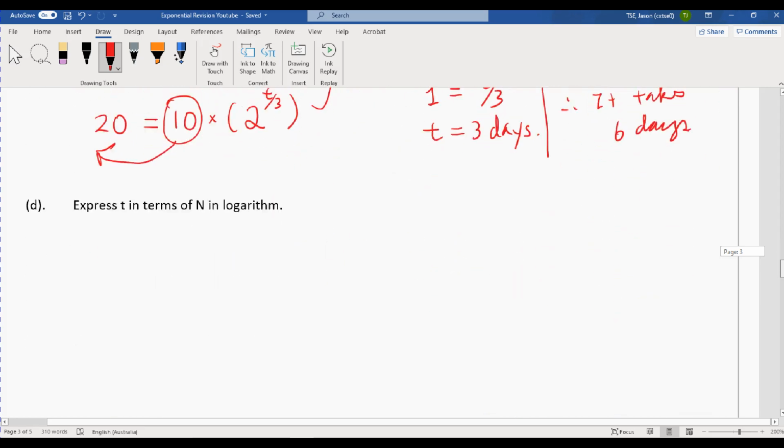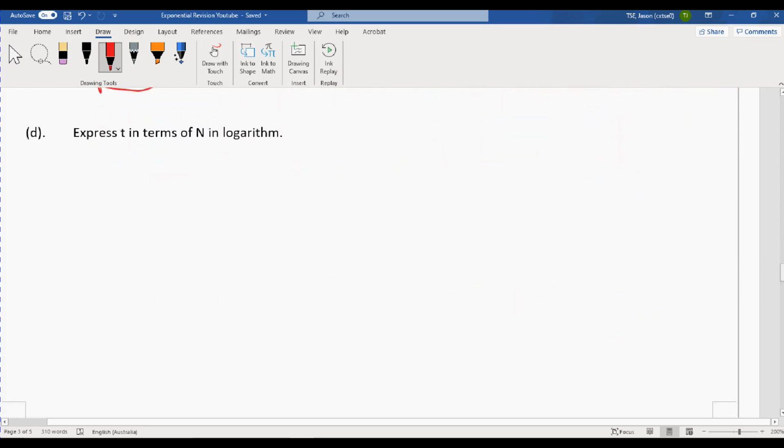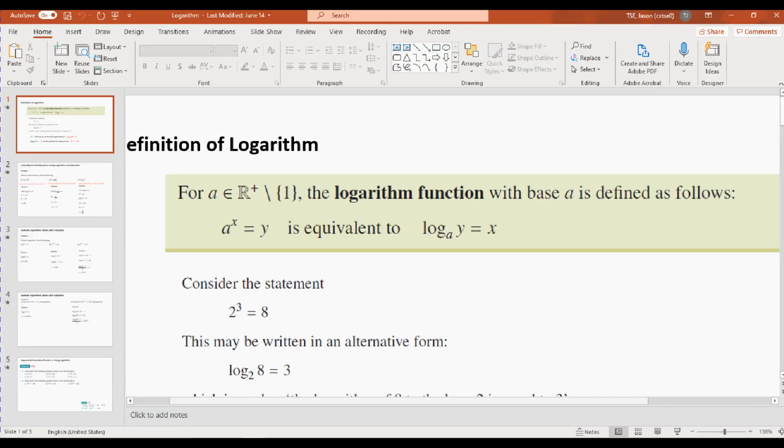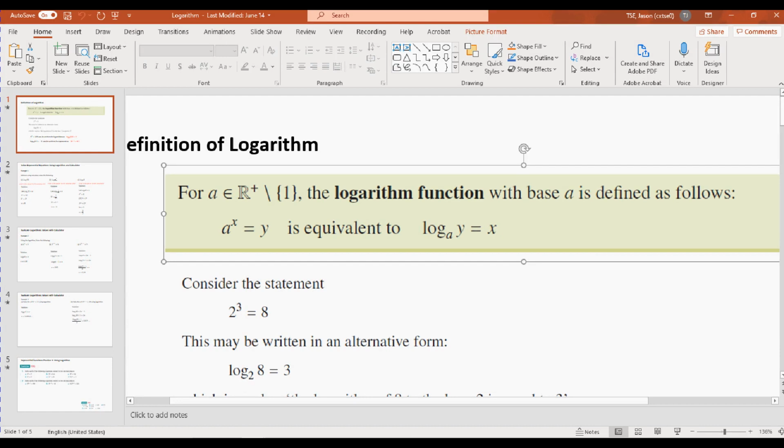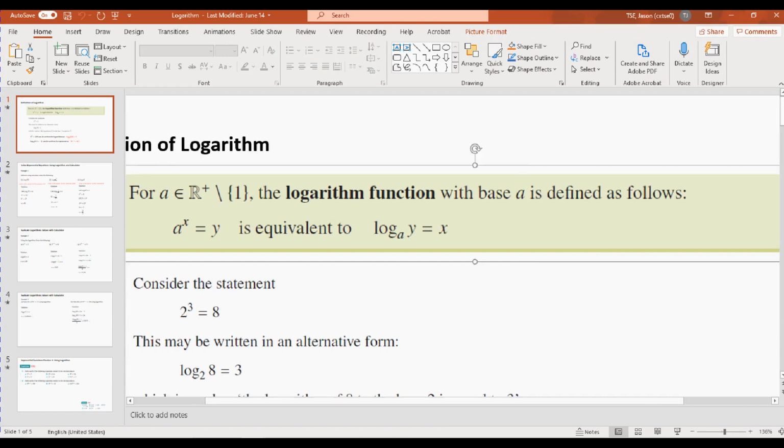Okay, the next one is a bit of conversion between logarithm and exponential function. I will show you a little bit about the definition of logarithm and exponential form.